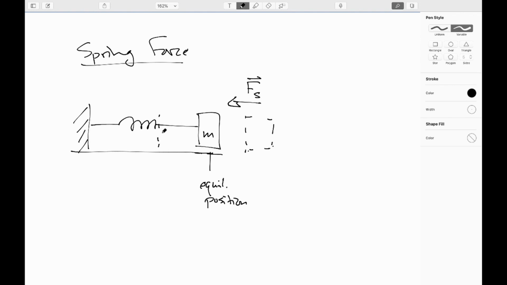And similarly, if I were to compress the spring, it would try to get longer, and so it would be to the right. The way we usually write this is we'll say the spring force is minus k times x, where we choose x equals 0 to be at the equilibrium position. And if it's stretched, we'll say that this corresponds to x positive. And if it's compressed, we'll say that corresponds to x negative.